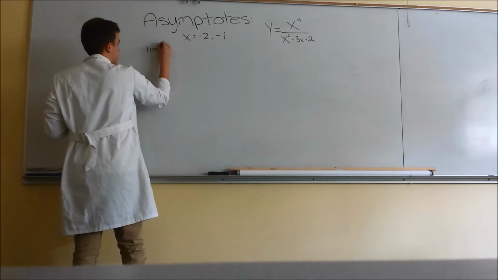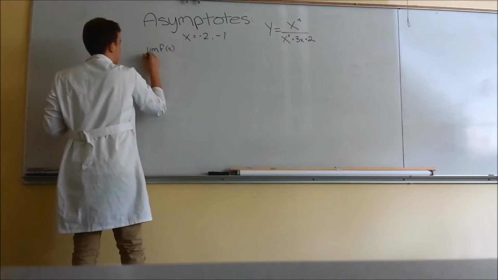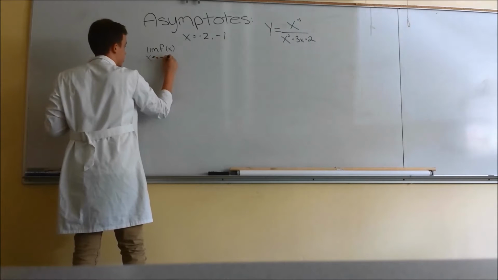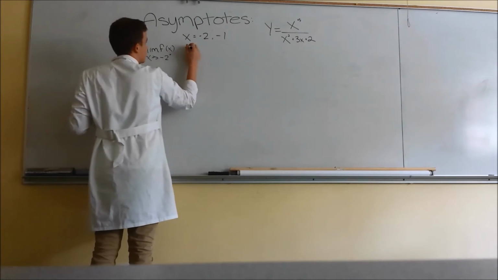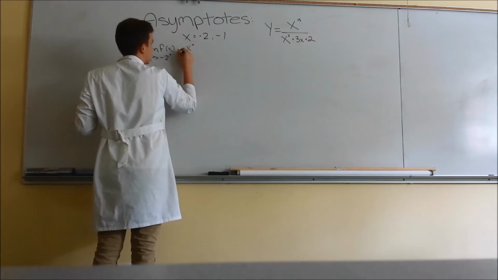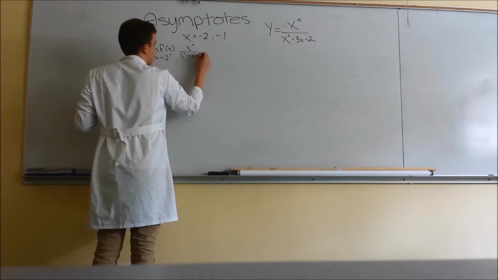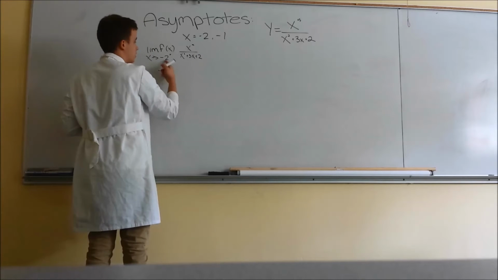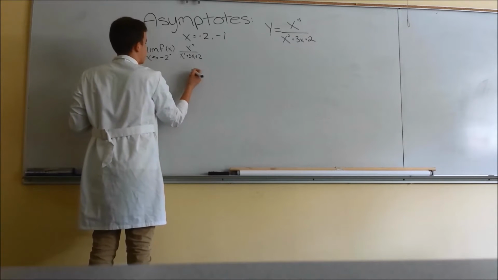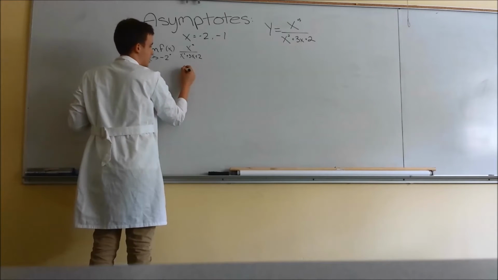So if we take the limit of f of x as x approaches -2 from the right side of x to the power of 5 over x squared plus 3x plus 2, that means we have to plug in a number to the right side of -2, which in this case would be like -1.99.